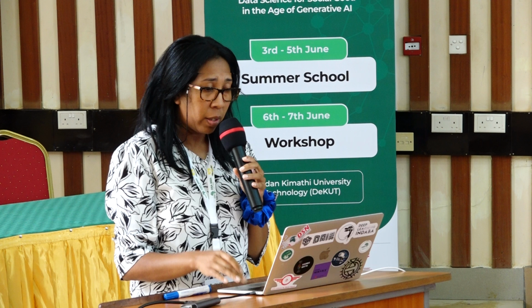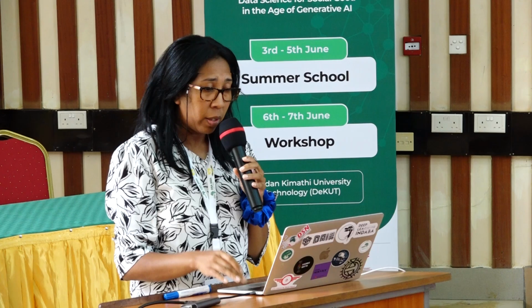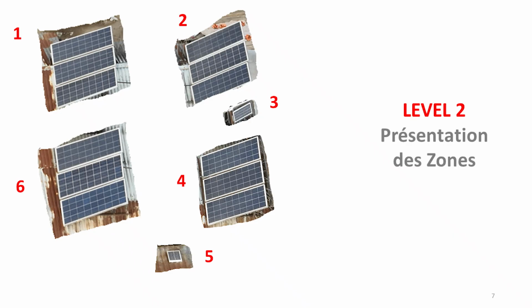And how many zones can we find in this photo? So for these photos, we decided that there will be 6 in the yellow one that I tried. So that's for the first level. In the second level, we described more about the 6 zones that we identified in the first level.